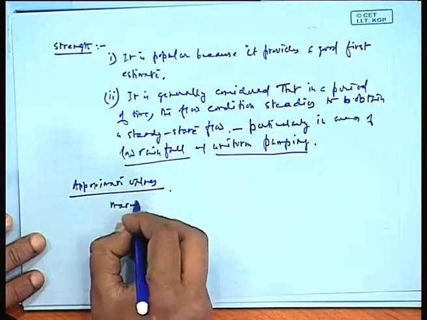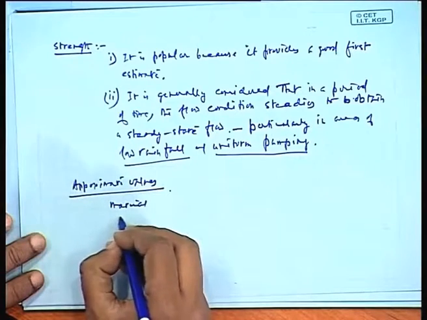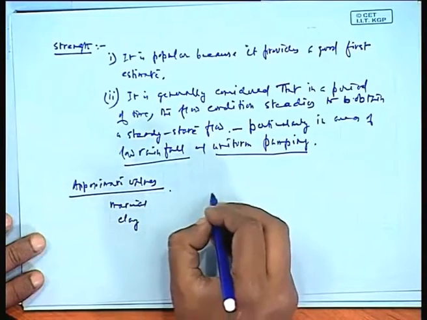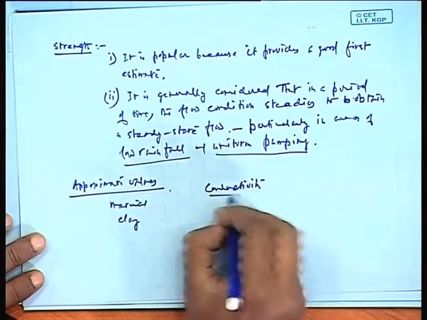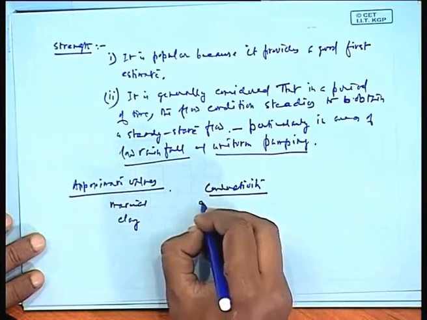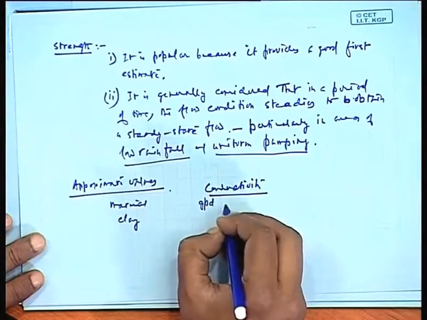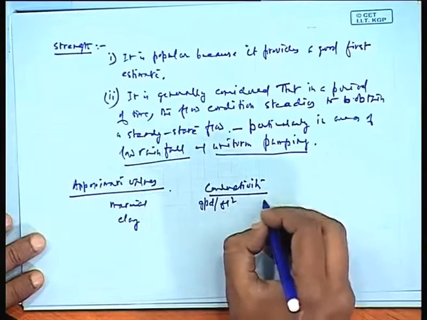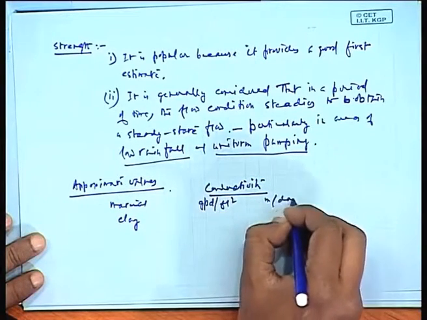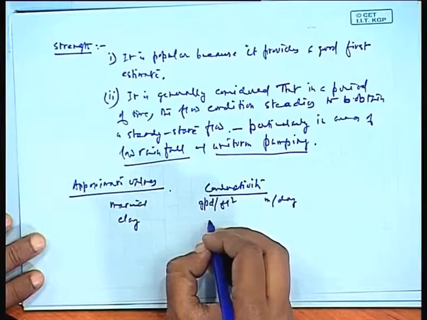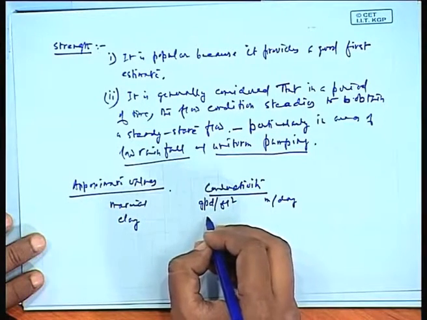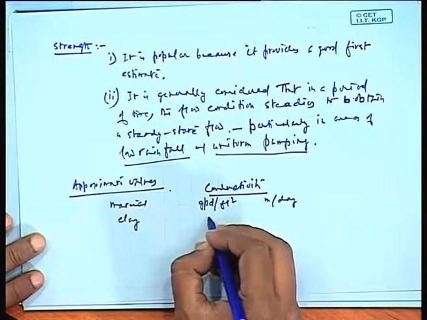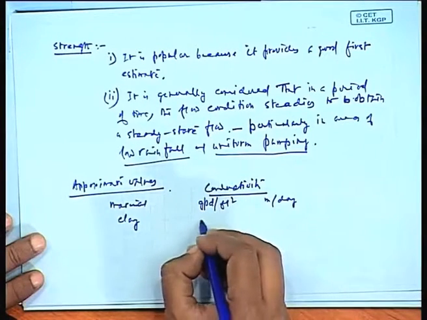The material is clay, the conductivity is, in gallon per day per feet square, and in meter per day it is 0.01.